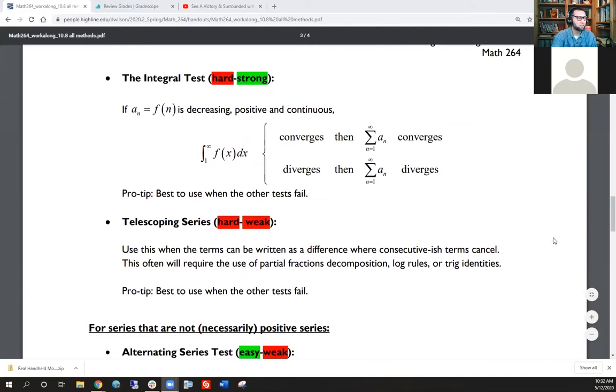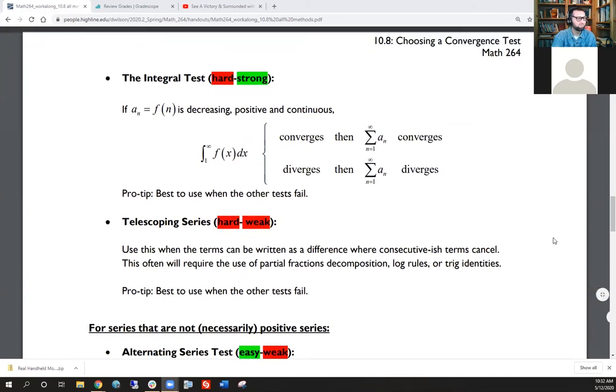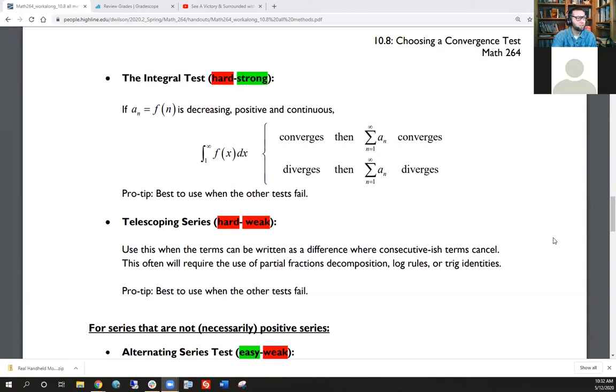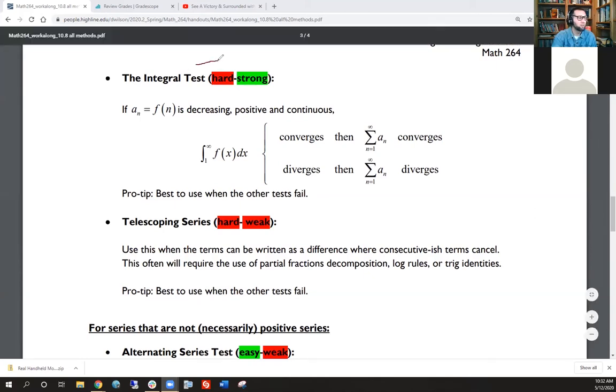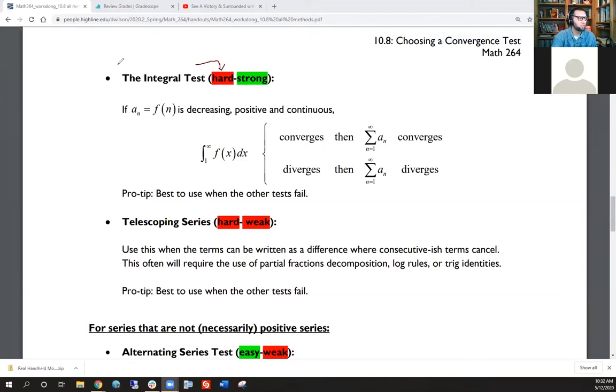I don't like the integral test. The integral test is hard. The reason it's hard is it requires integration. I'm pretty good at integrating. I've evaluated a lot of integrals in my life, but it takes time. One of the things about integration is there's lots of notation.